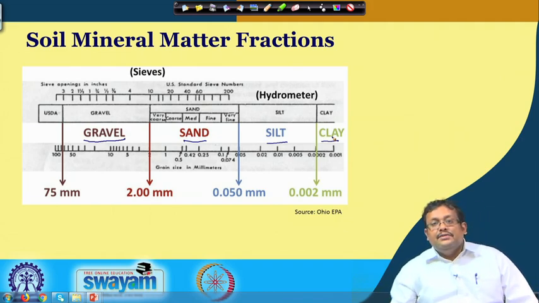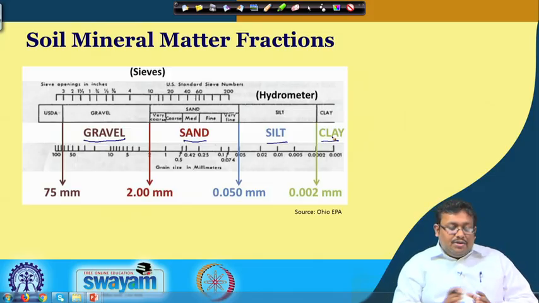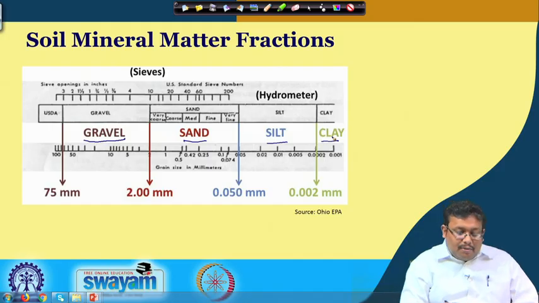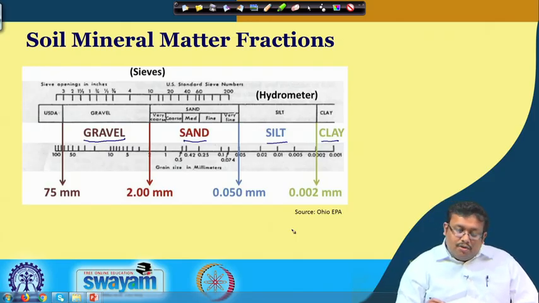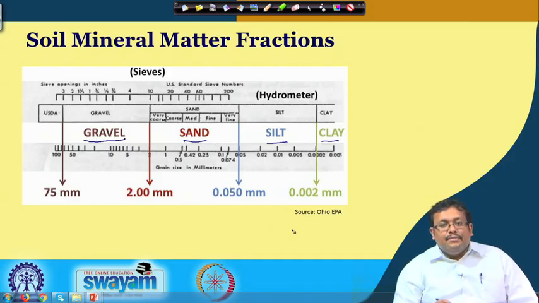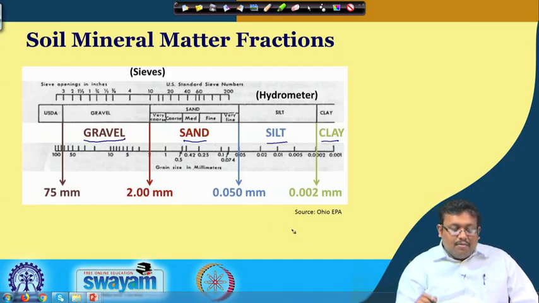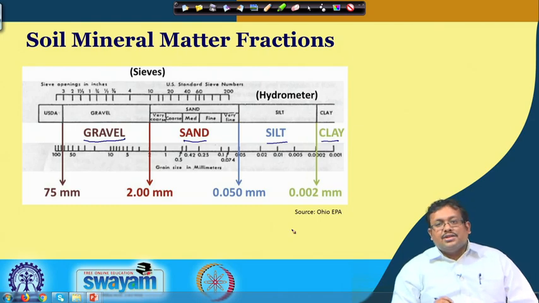This scale is given by the United States Department of Agriculture, or USDA. According to them, sand has a diameter from 0.05 to 2 millimeter, silt is 0.05 to 0.002 millimeter, and clay is less than 0.002 millimeter. So, it is evident that clay is the finest fraction among all the mineral fractions of soil.